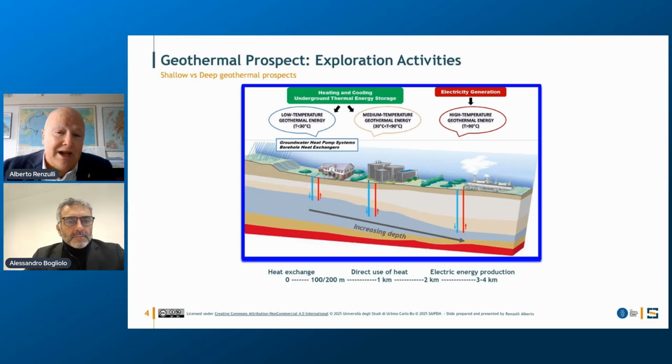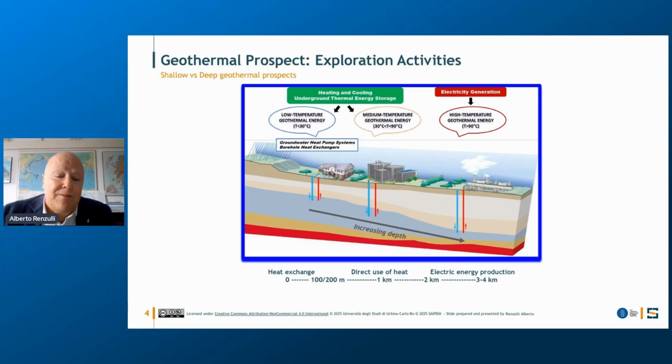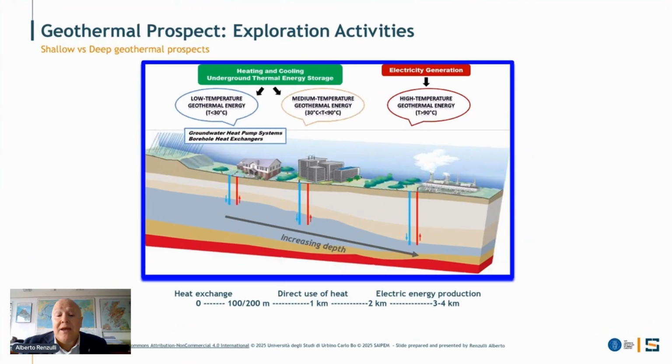So in this case, on the left, you can see what's not exactly a geothermal source, but more accurately a heat exchange system with the ground, often using water-to-water heat pumps.